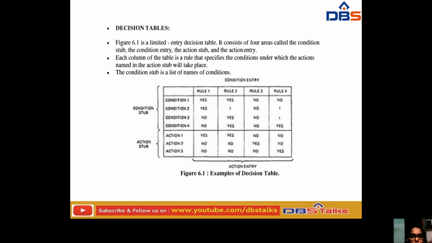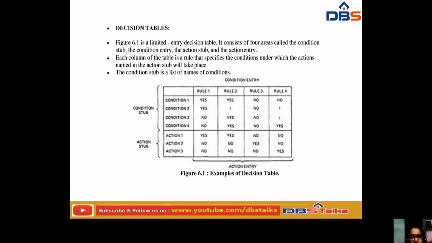When it comes to decision tables, figure 6.1 shows an example of a decision table. This figure is a limited entry decision table. It consists of only four areas. This is the condition stub, and this is the action stub.